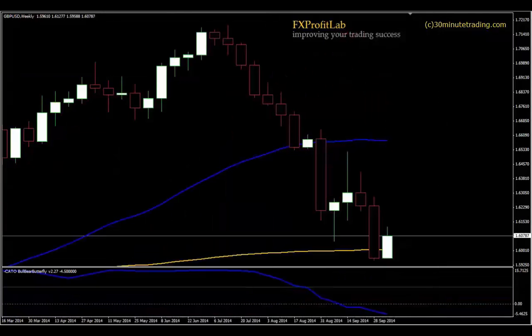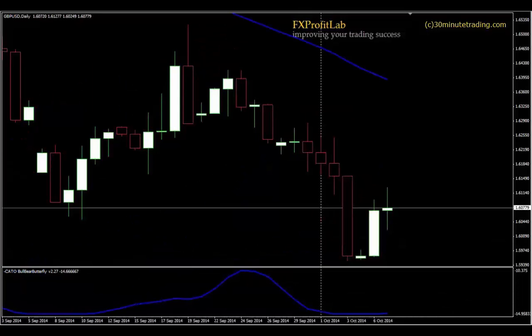So for the weekly, you can see that it is in the butterfly zone and it is coming down but leveling out. For the daily, you can see that it is down below 10. Look, that's in the bearish zone, the red zone, below the red line as well. But it is beginning to flatten out and potentially turn back up again.